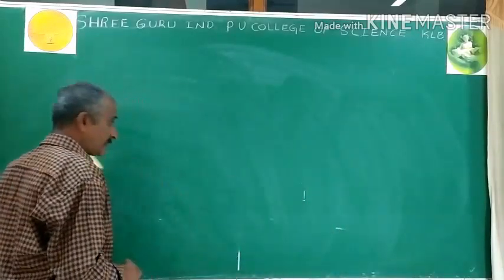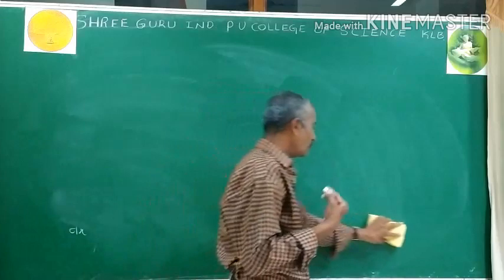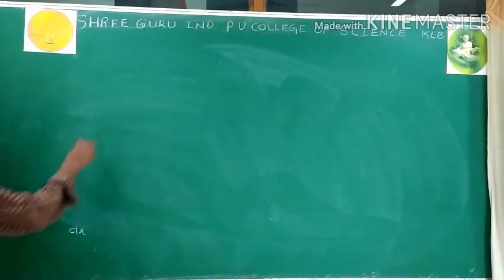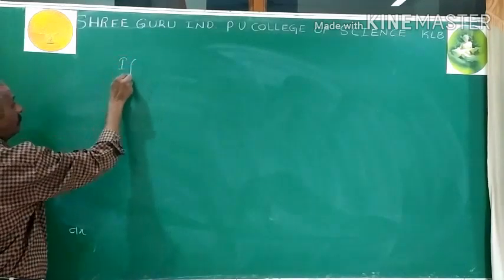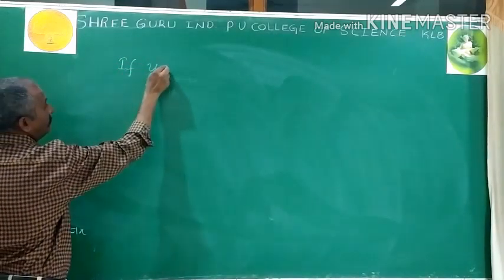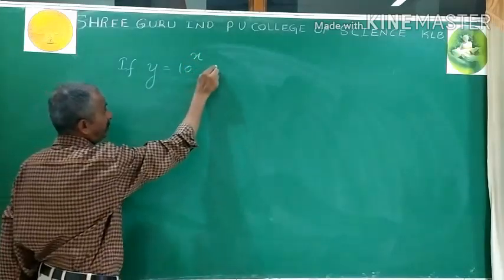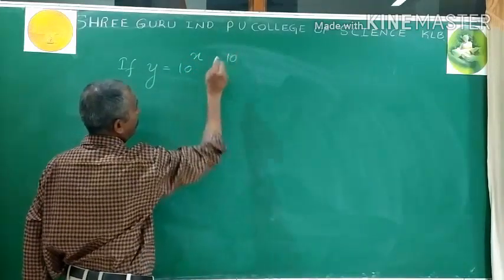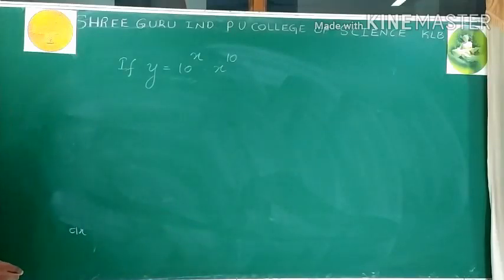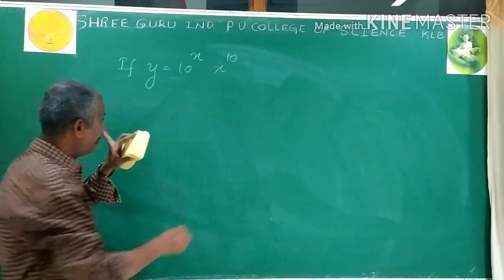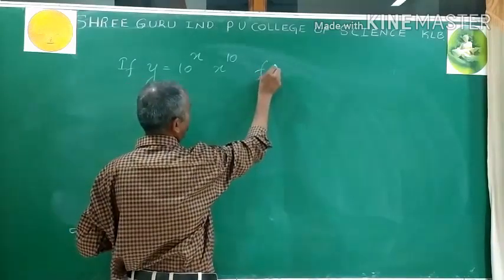Next problem, concerned with the sum rule, product rule, whichever is possible. Next example: if y equals 10 to the power of x multiplied by x to the power of 10, then find y dash.